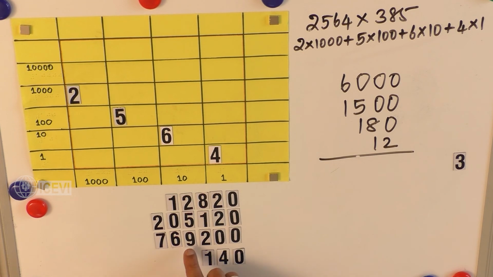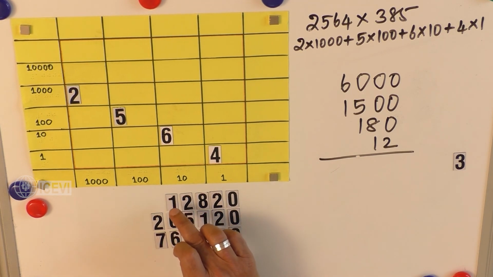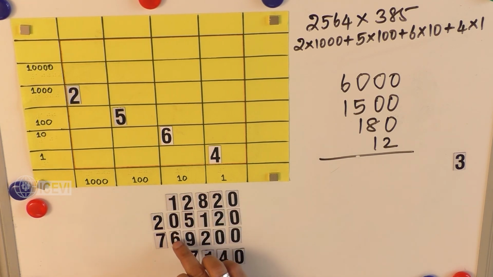So 1 is added with 9, that is 10, and then 5, that is 15, plus 2, that becomes 7. So 1 is taken to the next column. So 1 plus 1, 2, 2, 0 and 6, that becomes 8. Then finally you have 7 and 2. 7 and 2, when you add, it becomes 9.